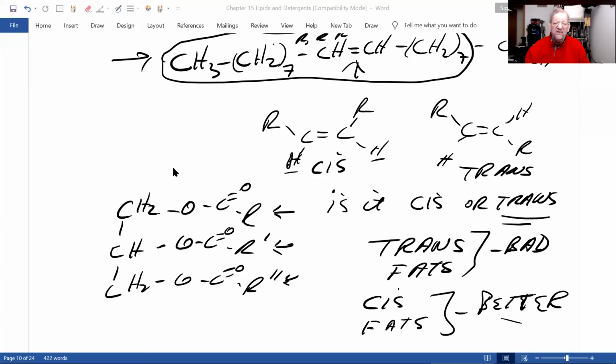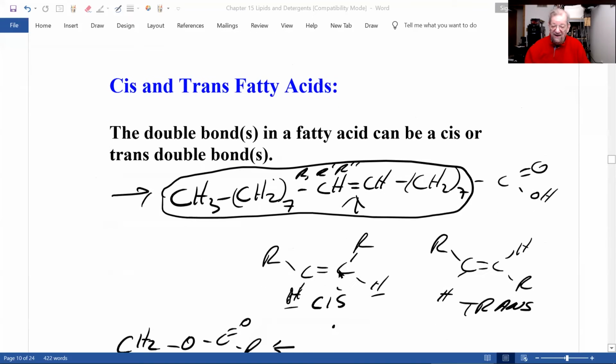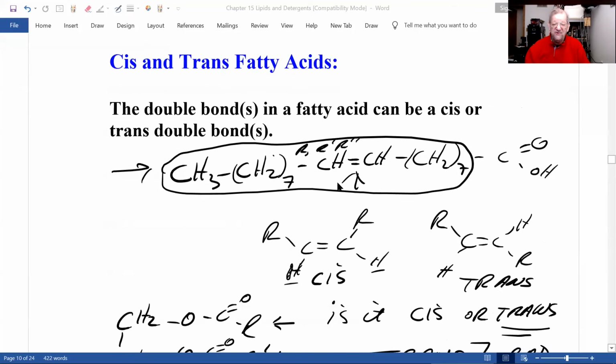We're talking about fats and oils and cis and trans. And you should know what's the difference between cis and trans fatty acids? You can have a double bond here that can be cis or trans.